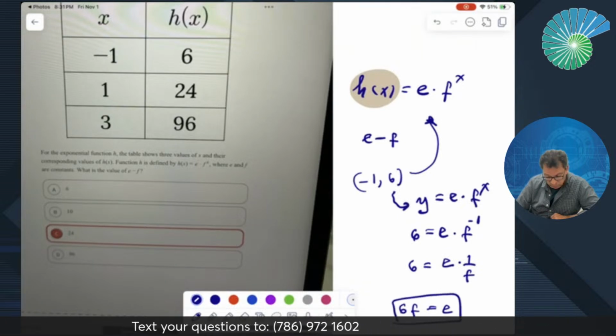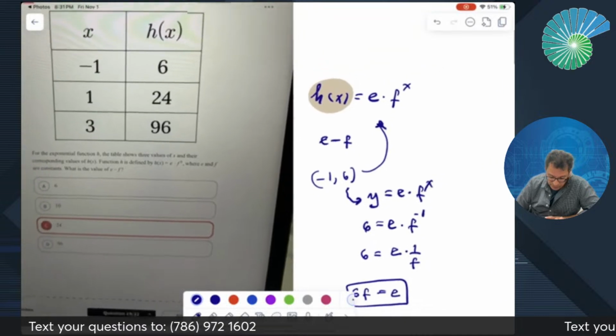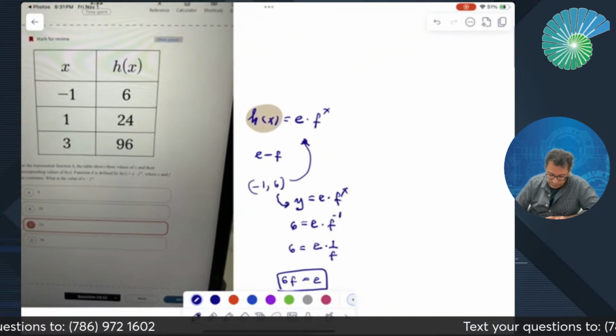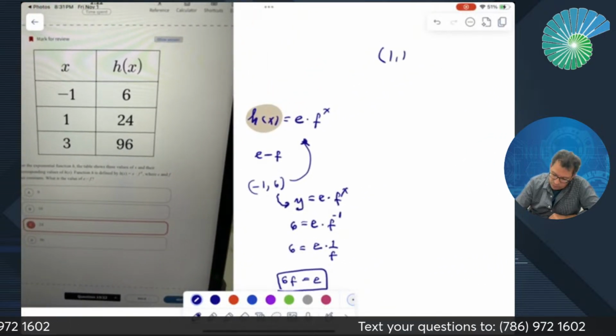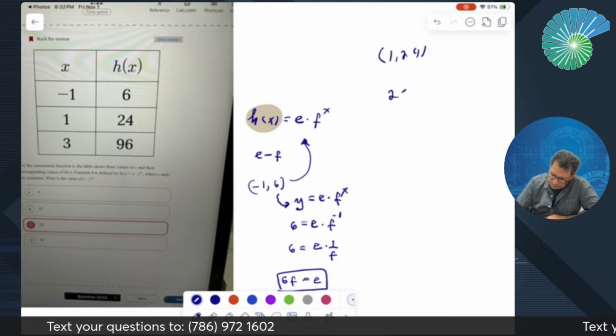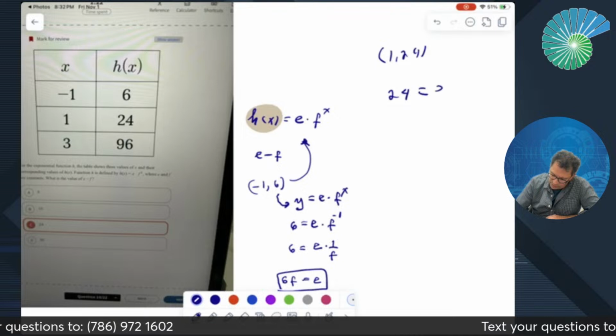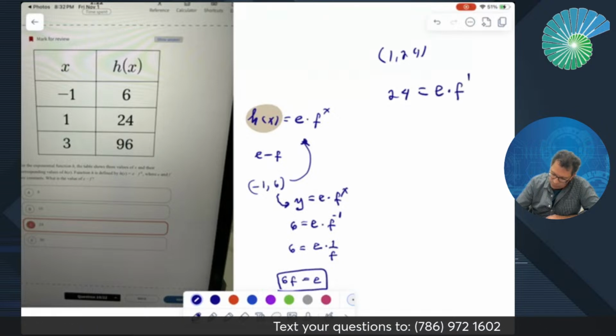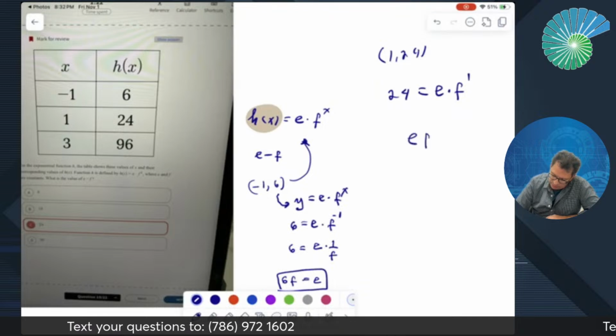Okay, I have something now. Let me try another point. I'm going to try the point 1, 24. And I'll do the same thing. But if I find something here, 24 is equal to E times F to the 1. Okay, so that gives me that EF is 24.